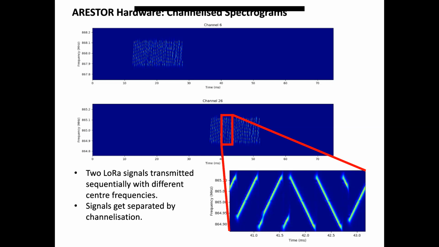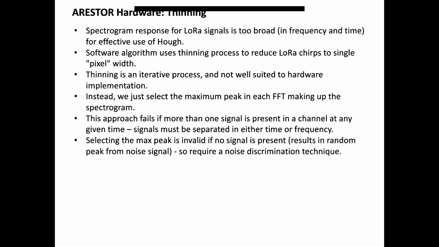So for our hardware implementation of the thinning, we actually did a bit of a cop-out, and we just took the maximum from each column in the spectrogram. That works very well, but it doesn't work if the spectrogram contains more than one signal because it will only pull out one peak from that.